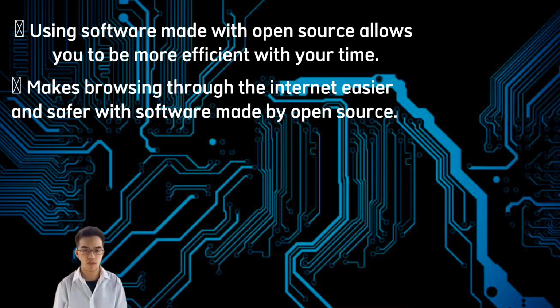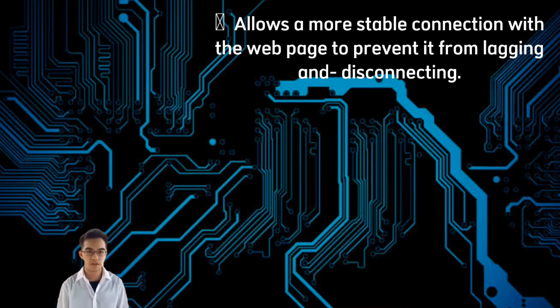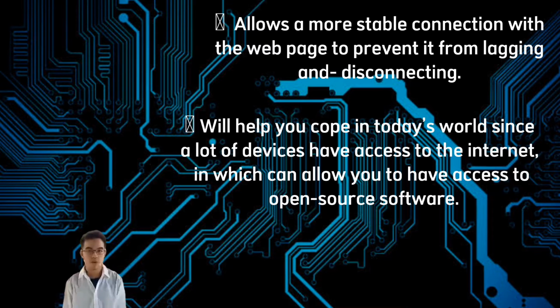It makes browsing the internet easier and safer. It allows a more stable connection with the web page to prevent lagging and disconnecting. It will help you cope in today's world, since a lot of devices have access to the internet, which allows you to have access to open source software.